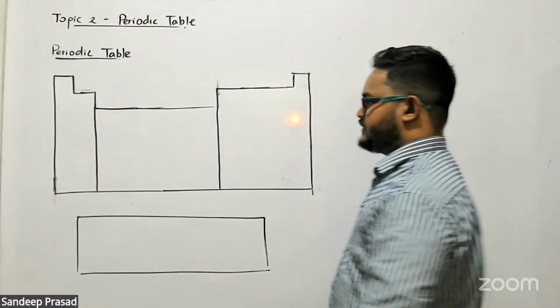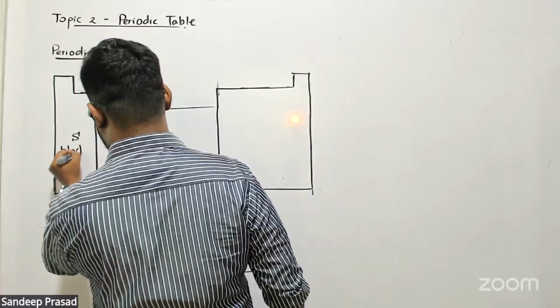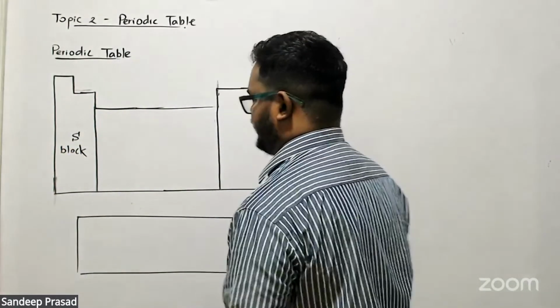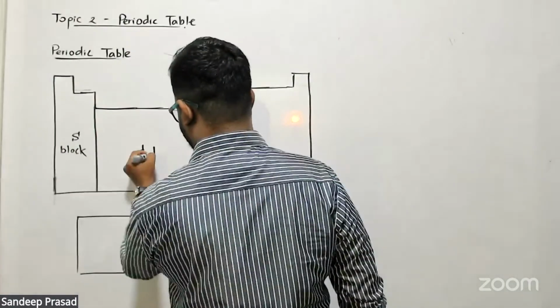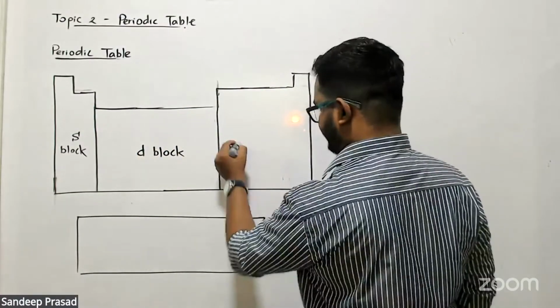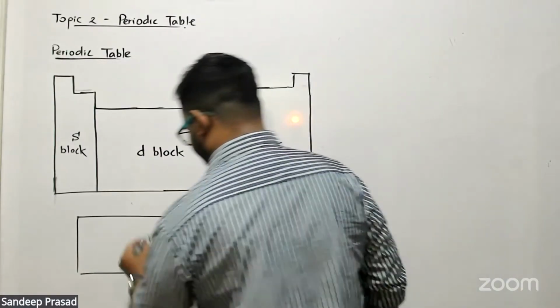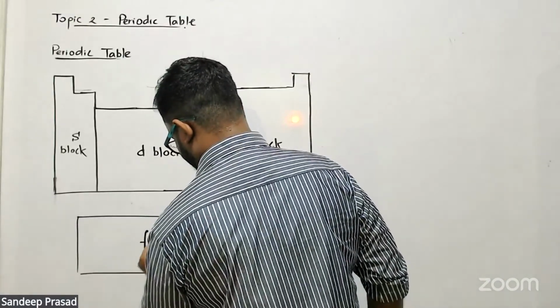Okay. So remember, students, this is known as the S block of the periodic table. And this is the D block, at the middle. And on the right side corner, we can see the P block. And this is the F block.